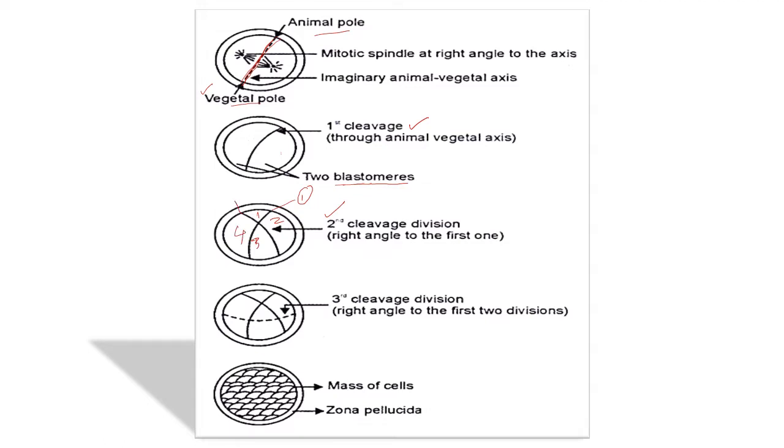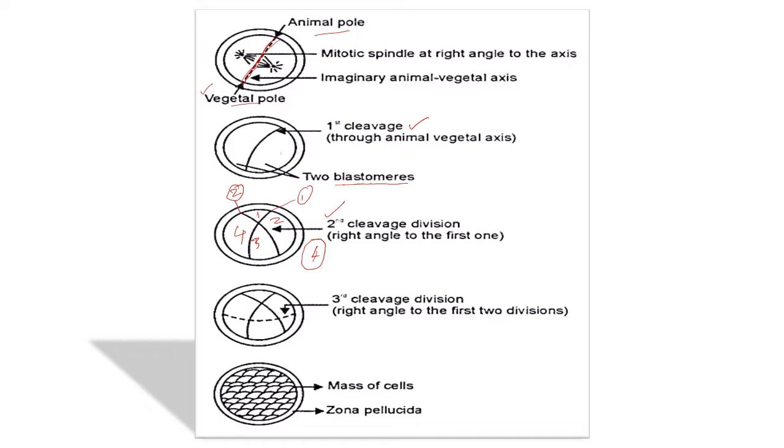So this is the second cleavage division. Due to two cleavage divisions in the zygote, it results in four blastomeres, and this stage we will call the four cell stage or four blastomere stage.